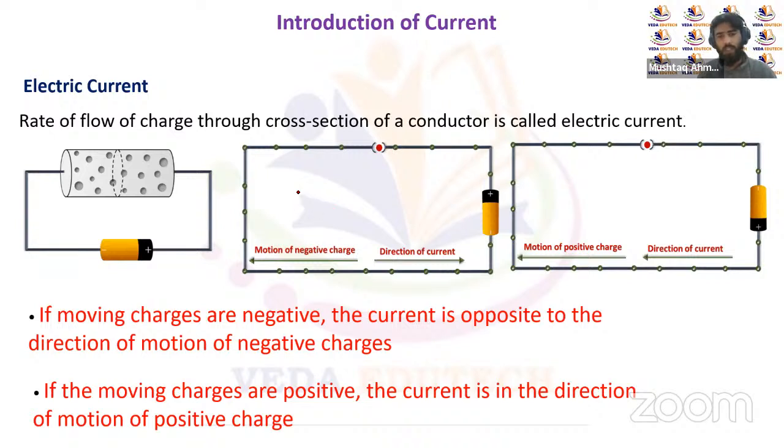And we have also studied that the electric field is equal to minus dV over dr, where dV is the change in potential, or the potential difference between two points. Whenever there is a potential difference between two points, there exists an electric field between them.